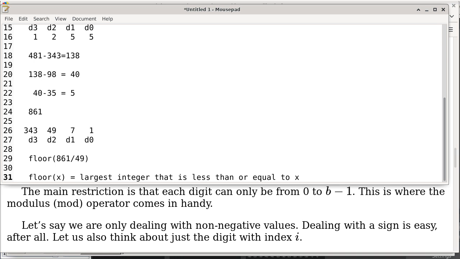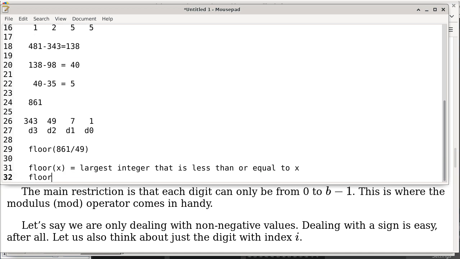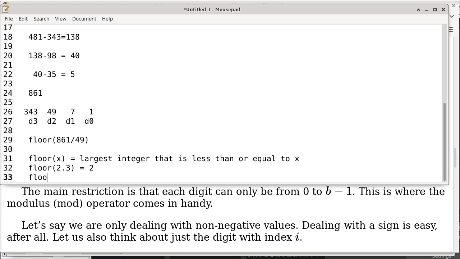Let me run a few examples through to make sure that we understand what a floor is. So what is the floor of 2.3? What is the largest integer that is less than or equal to 2.3? Just 2. Very good. And what about the floor of 2.8?